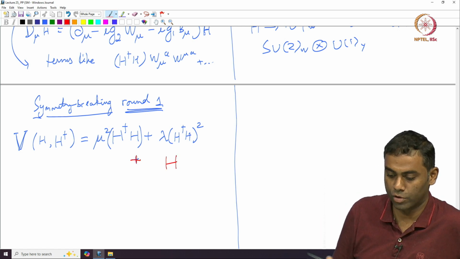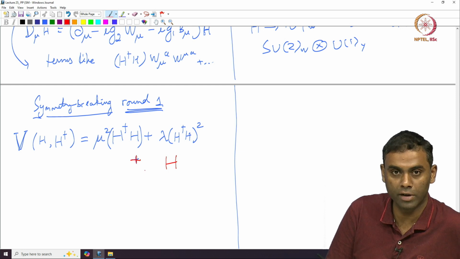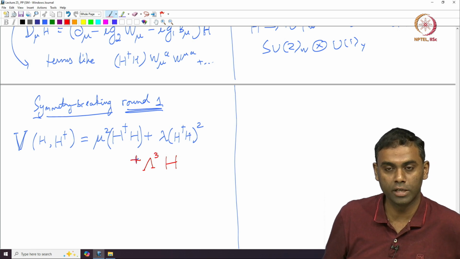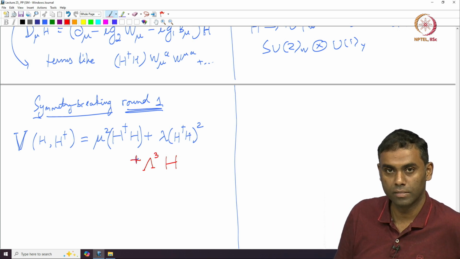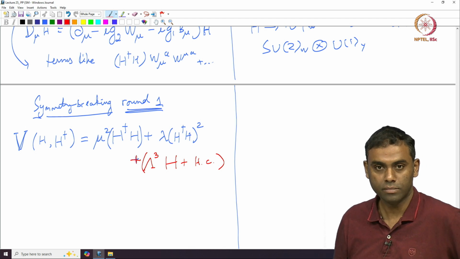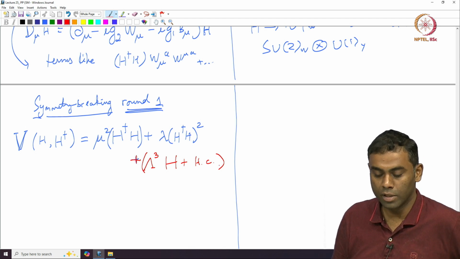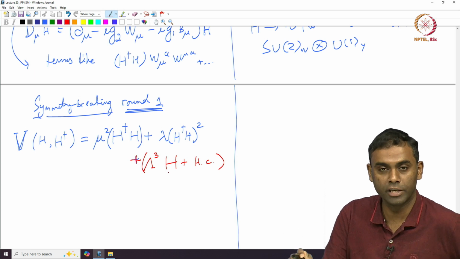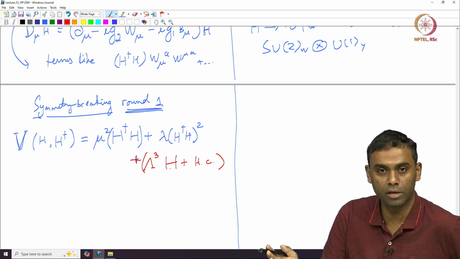If it is linear, then to satisfy dimensions I should put something out here, some quantity with dimension 3. So let me just call it lambda cubed for now. Imagine, and of course there is a Hermitian conjugate because the potential is real. So if something were to introduce this term, would you agree that the entire symmetry is broken? It is no longer invariant under SU2.